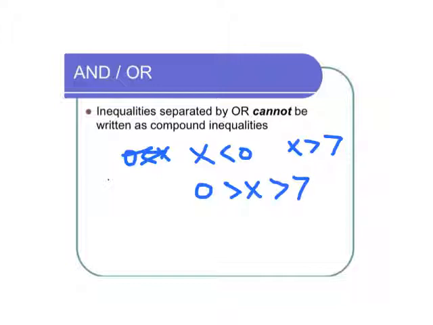It seems to look like it might work. But if you look at this statement as a whole, this statement as a whole is inconsistent. 0 is greater than x is greater than 7. 0 is greater than 7? No. And there's no numbers that will work that will fit here because there's no numbers that are greater than 0 and greater than 7. So in general, you may not write or graphs as compound inequalities.